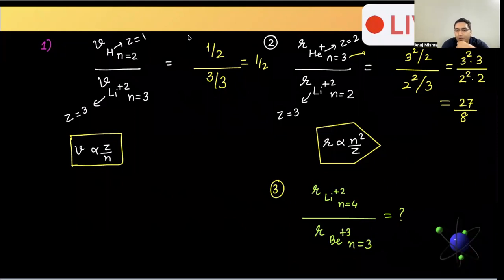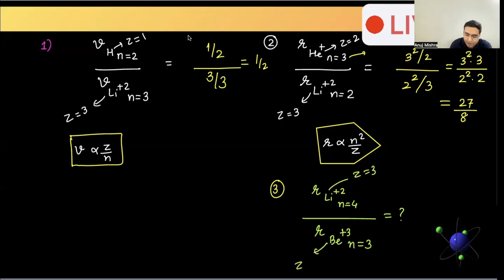क्या करने वाले हो? n²/z. Lithium Z is how much? 3. Beryllium Z is how much? 4. So your answer should be 64/27. Proportional to n²/z.